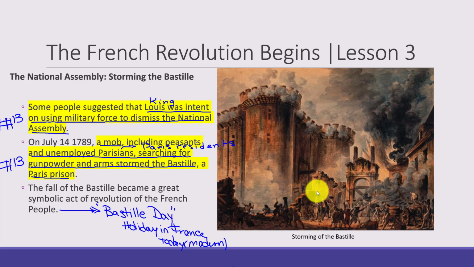So up to this day, in France and in other territories that France owned, they celebrate July 14th as Bastille Day, to commemorate that act of revolution in France. Okay. All right, cool.